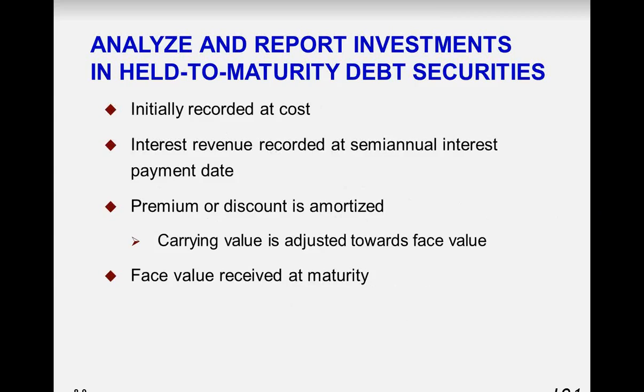Well, amortization behaves kind of like depreciation, as you learned. So it's the gradual using up of that premium or that discount to bring that bond back to its face value. That's the process that we're looking at when we amortize.